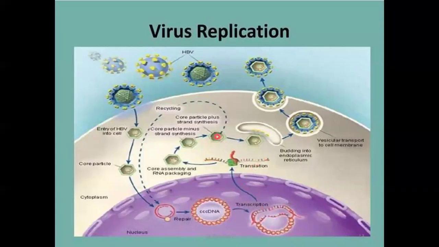And then number three, the viral envelope does not come from the cell membrane, okay? It comes from the endoplasmic reticulum, okay? The envelope of this virus, that is very unique for hepatitis B. It comes from the endoplasmic reticulum, okay?